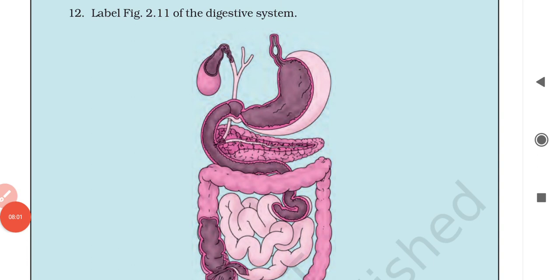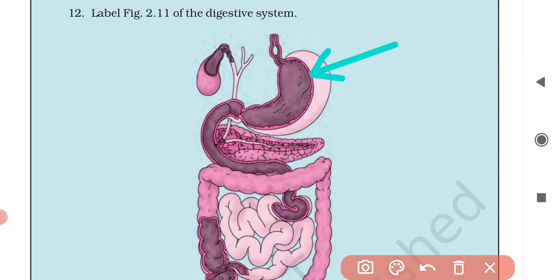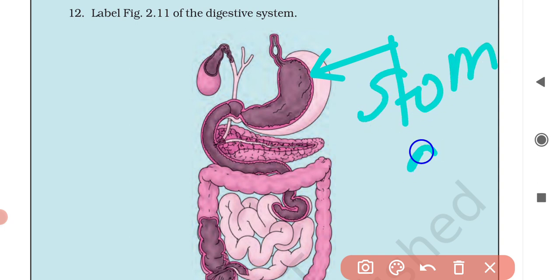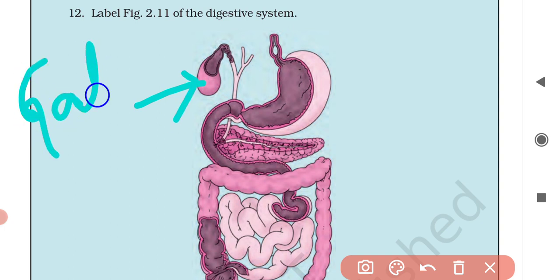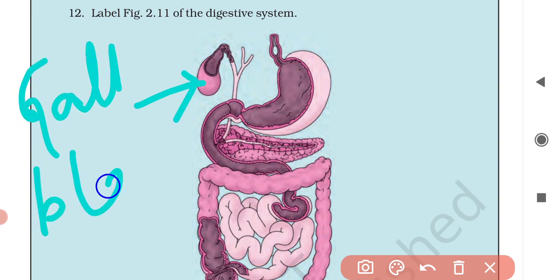Okay, so here you see, first of all, this is the what? This is the stomach. You can label it in your book. Stomach. Then next is this gallbladder, right? This is the gallbladder.